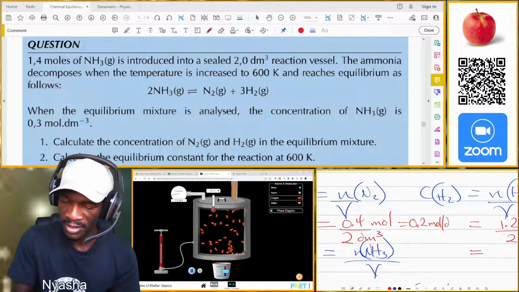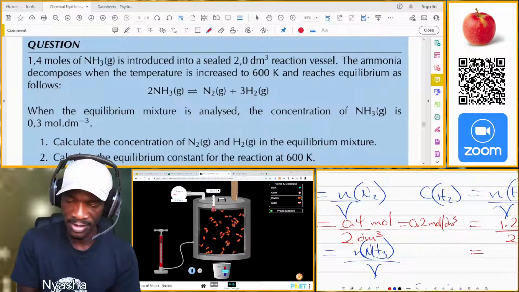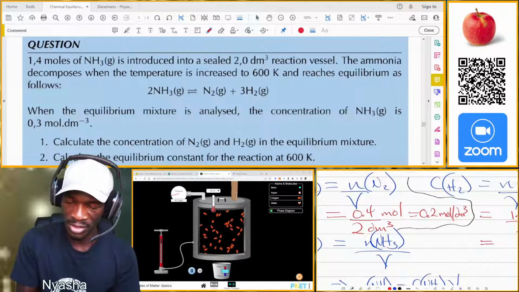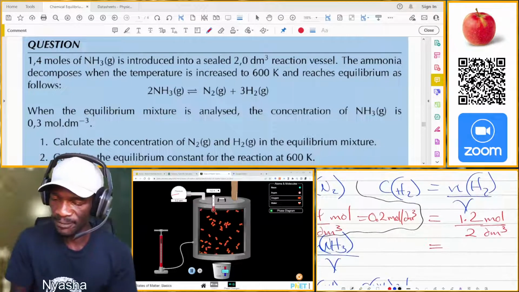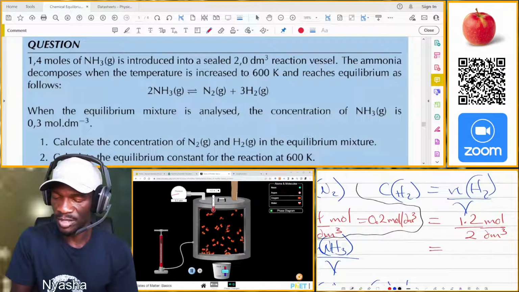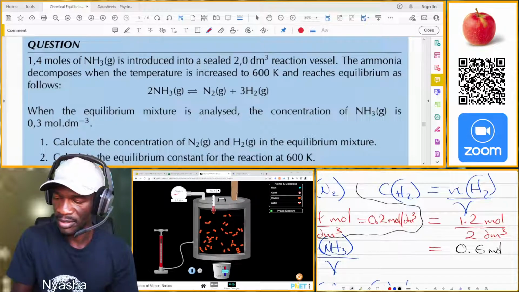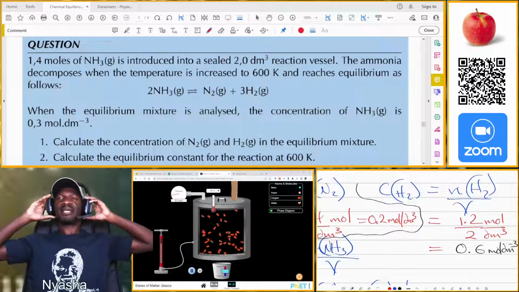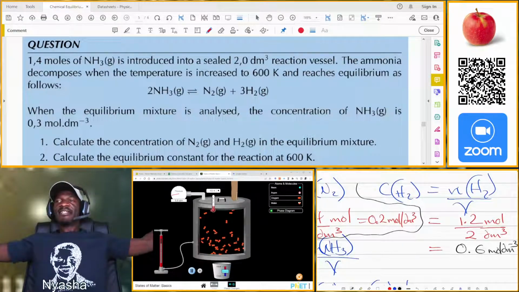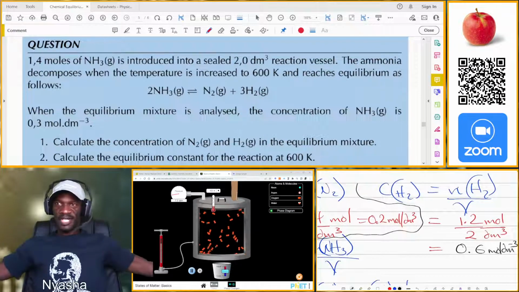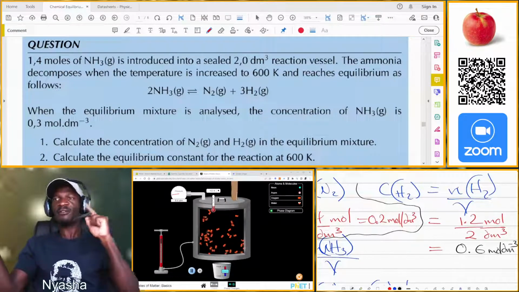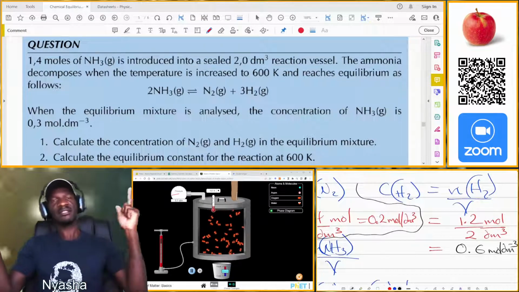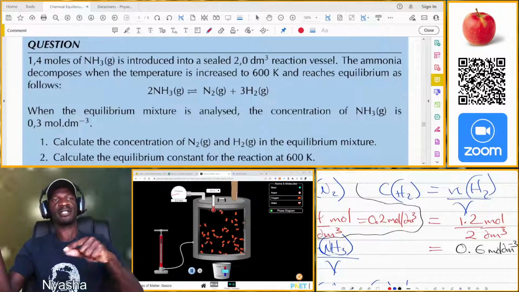Mole per dm cubed. This calculation should not be mixed with the next one. 1.2 divided by 2, that would be your 0.6 mole per dm cubed. So you have calculated the concentration of your nitrogen gas and the concentration of your hydrogen gas.